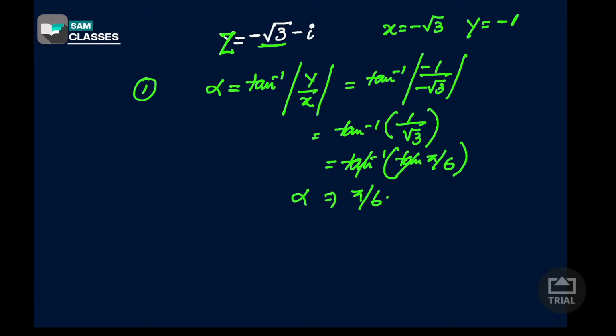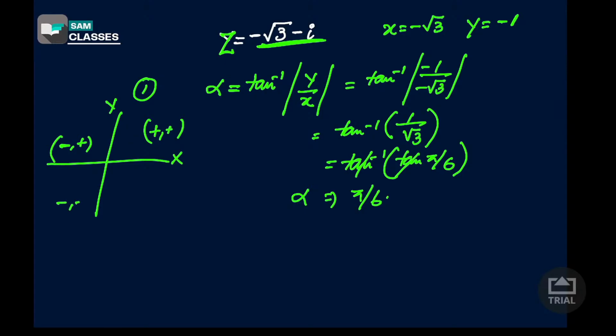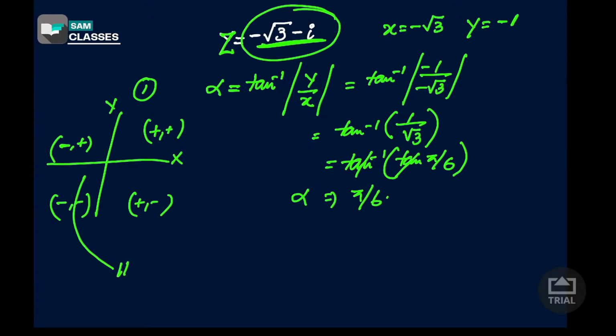Now check which quadrant this is. See, this is my x axis and this is y axis. Here both x and y are positive. In the second quadrant x is negative, y is positive. Third quadrant both negative. Fourth quadrant x is positive, y is negative. So this complex number is lying in the third quadrant.